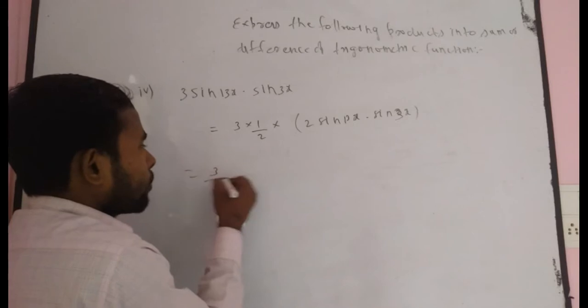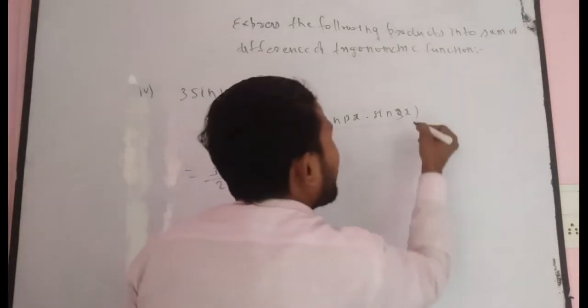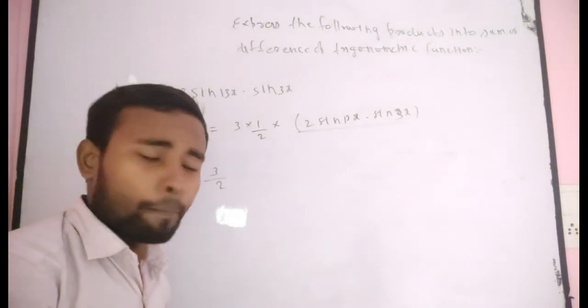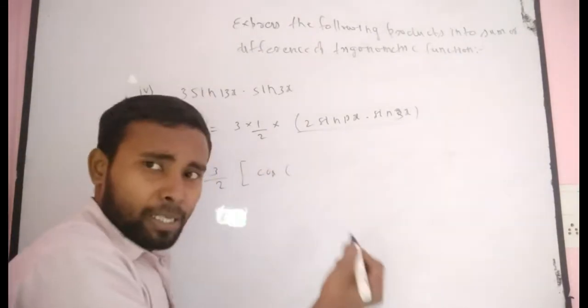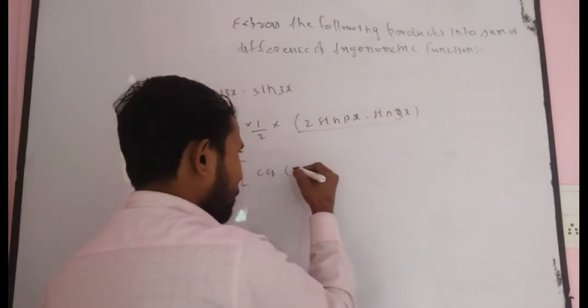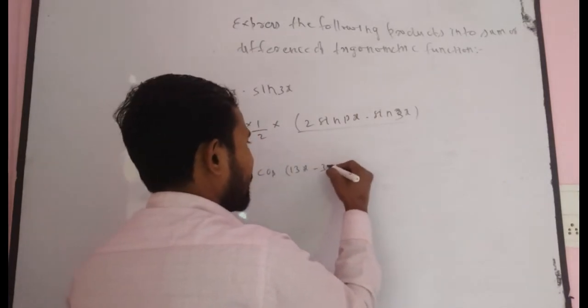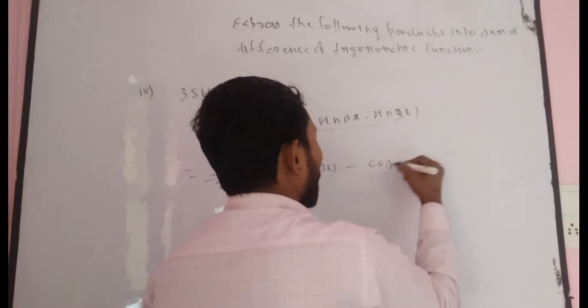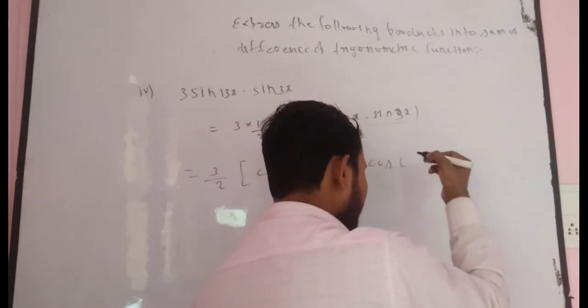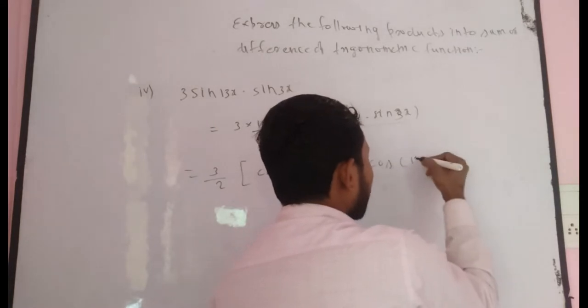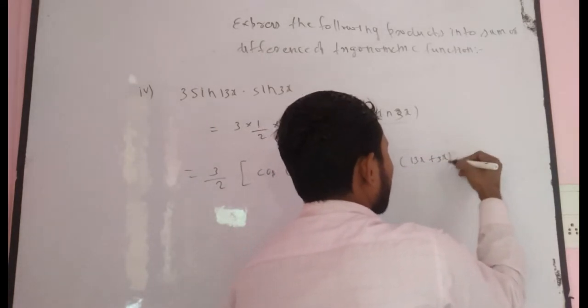Now it will be 3 by 2, and as you know, 2 sin a into sin b will be 1 cos(a minus b), that means 13x minus 3x, minus cos(a plus b), that means 13x plus 3x.